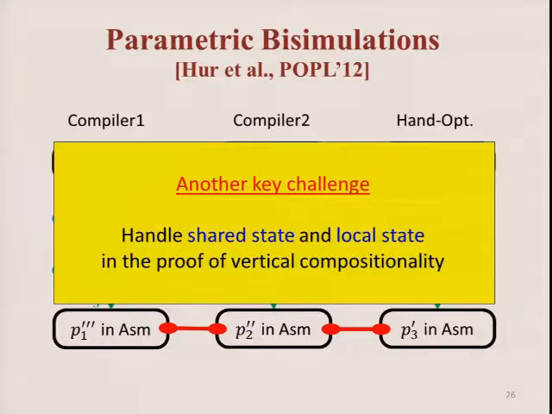Here there is another challenge: in this transitivity, this vertical compositionality proof, handling state is very challenging. That's a kind of orthogonal problem. We handled that problem and proved the vertical compositionality, but I don't have time to go into the details. The main thing is we have to think about shared state and local state.